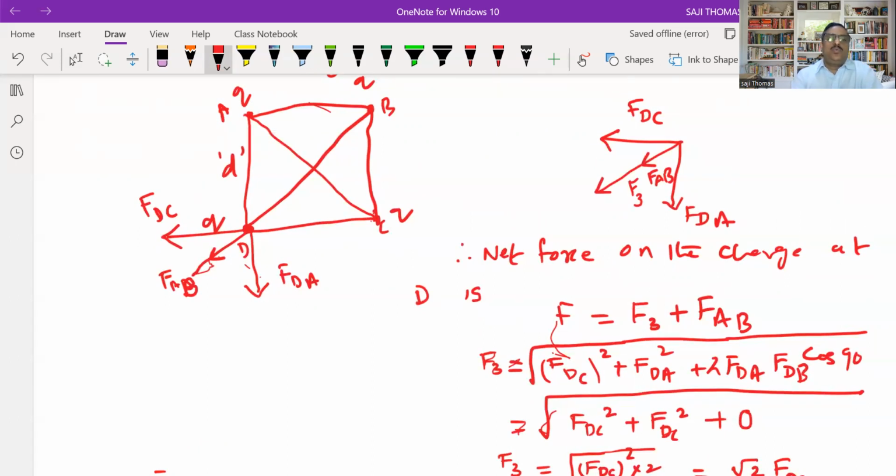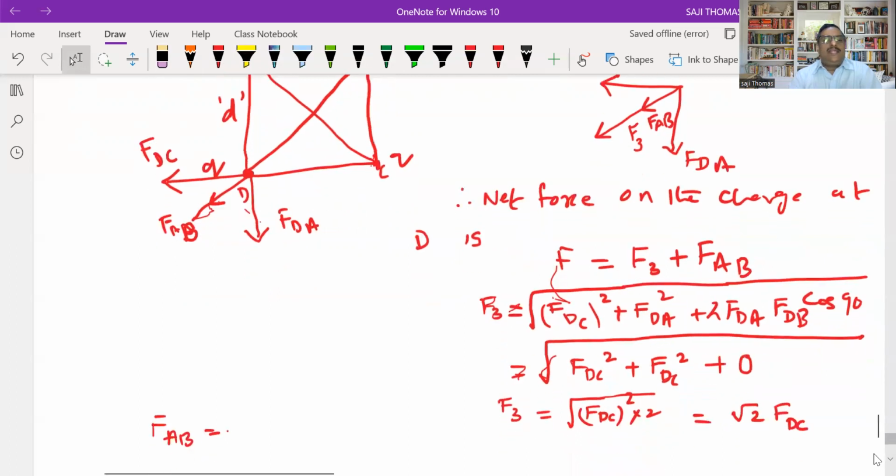The diagonal. The diagonal is root 2 d. So we can write FAB as 1 by 4 pi epsilon 0, Q into Q, that is Q square only, divided by the diagonal. The diagonal is root 2 d, right?